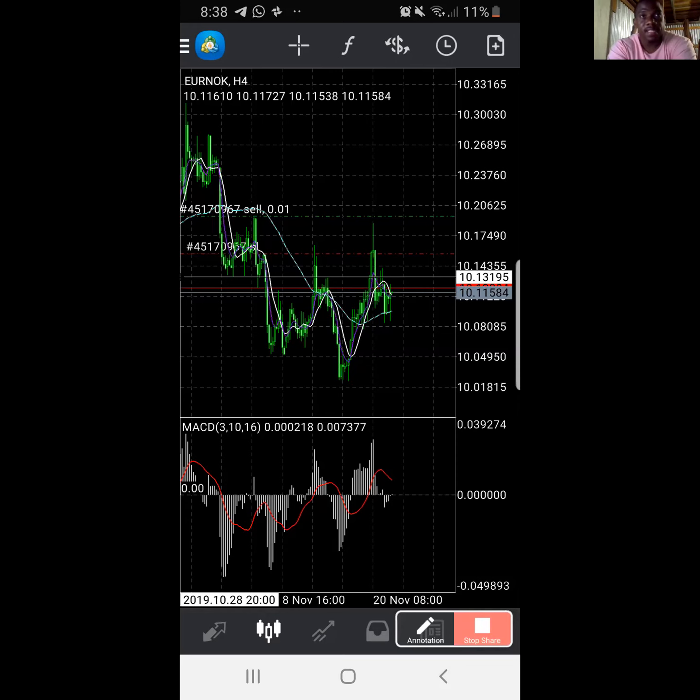When you get a signal in the group and you're moving around, you can find some time, go on your phone and modify the trade. If you see like 20 pips in profit or 15 pips in profit, and you want to be safe, you could move your stop loss down to break even, and even close part of your position if you entered at a size bigger than 0.01, which is the smallest lot size.